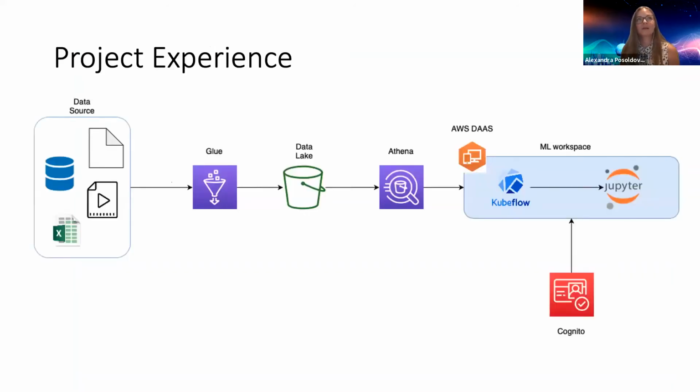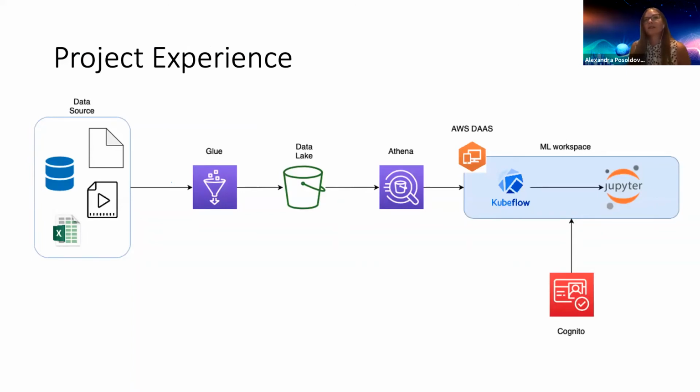So the in-cloud project that I've done and I'm about to finish is using AWS services. The data source, I think, is on premise, and they're using Glue to process this data and store metadata.